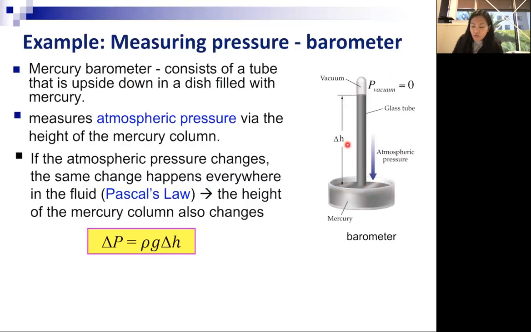So if the atmospheric pressure changes, then the height of the mercury column in the tube will also change, according to this equation here. If the pressure changes, then delta H also changes.